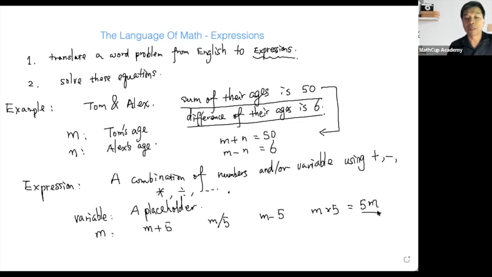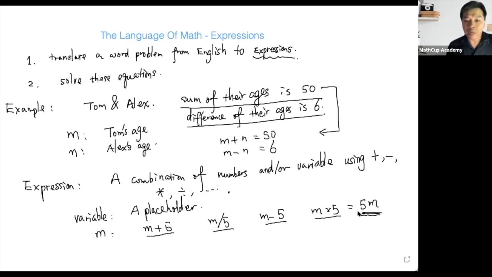This really says 5 times m, or a different understanding is m plus m plus m plus m plus m, added together. This is 5m. So this is an expression, right? All these are expressions.